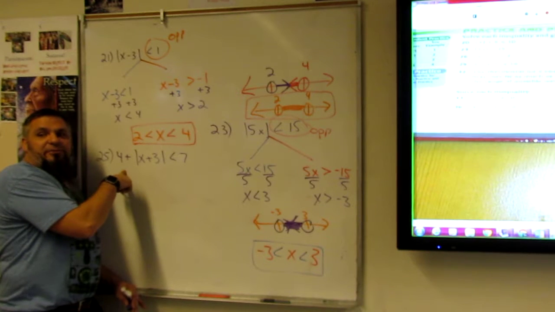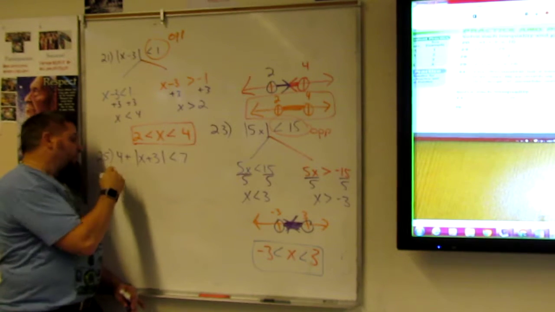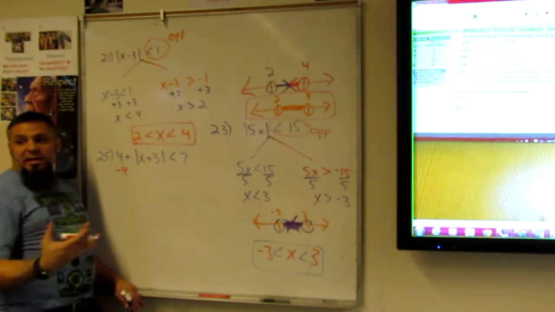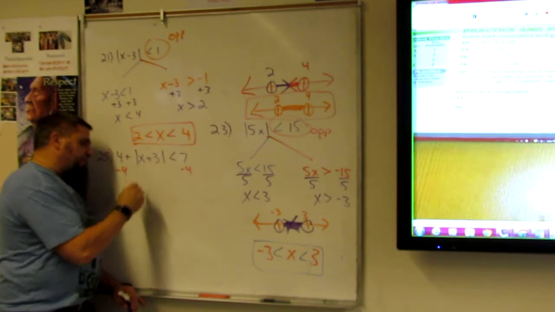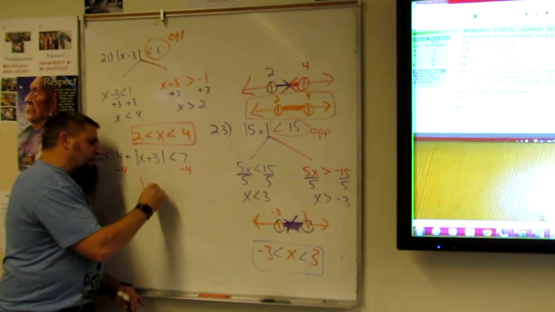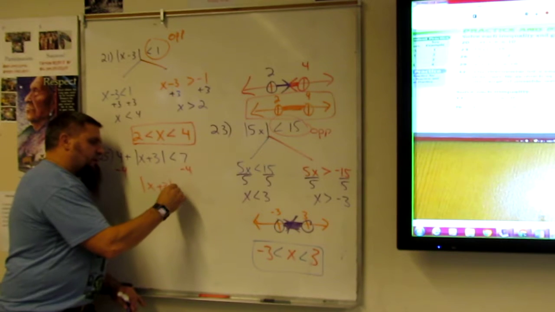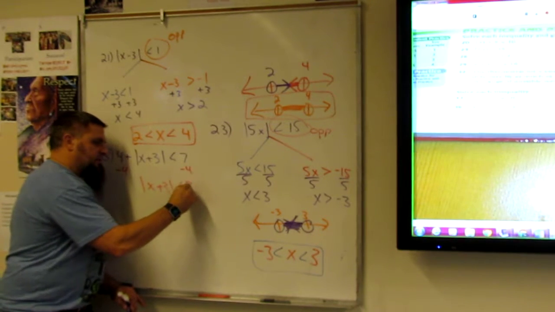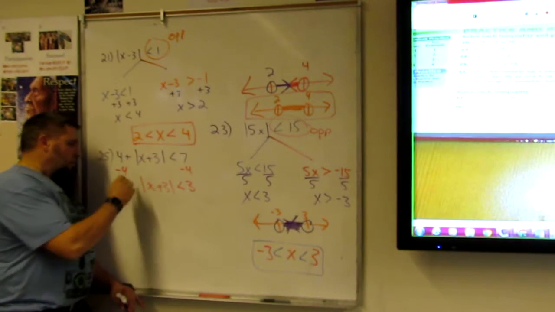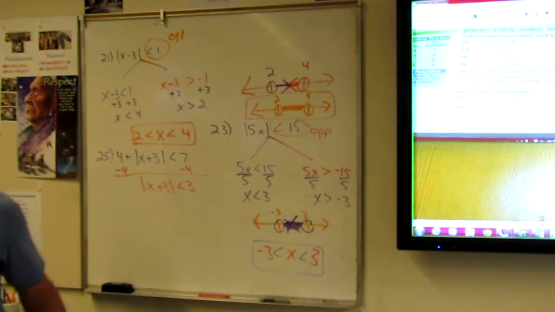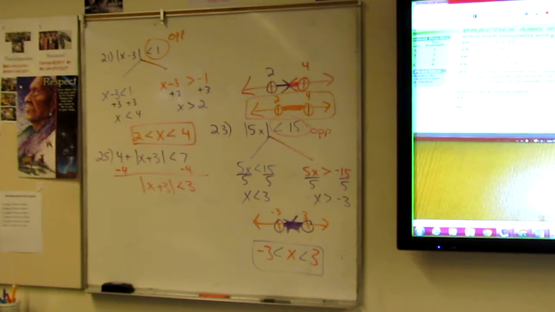How do I get this away from it? Add the opposite, minus, however you want to do it. So now I have x plus 3 is less than 3.